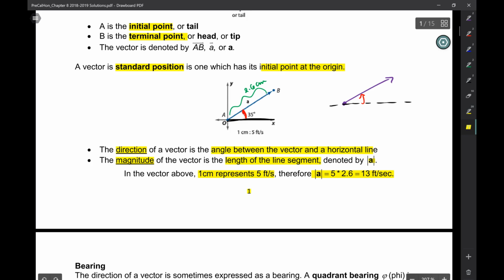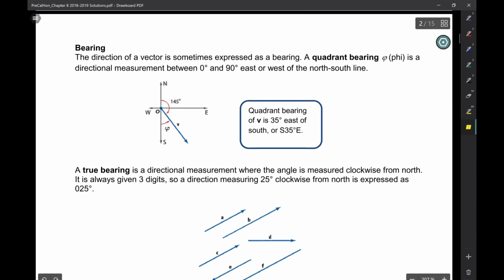So you can see these are very useful in describing where something is located. In aeronautics, when you talk about ships or planes, vectors are very useful in giving coordinates of where something is.